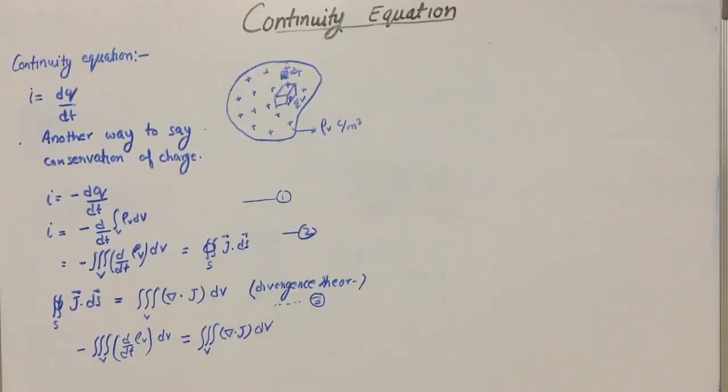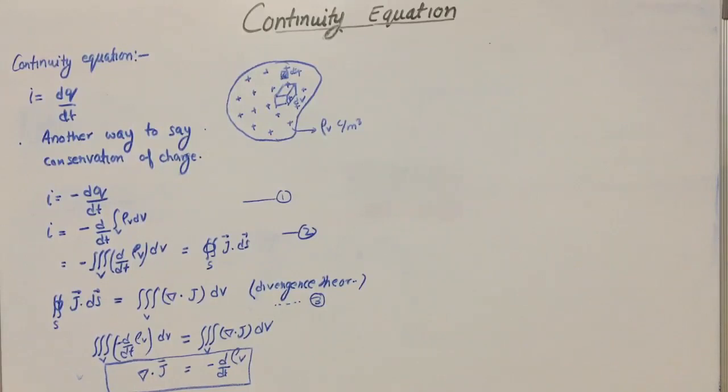As the sign is there, we can take it inside, so it is minus without any change. Now if we relate this and this, then the divergence of current density J is equal to minus d over dt rho v. This is our continuity equation. So the rate of change of charge density is negative.